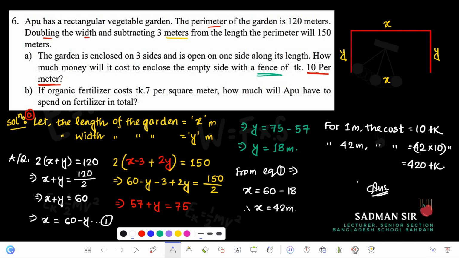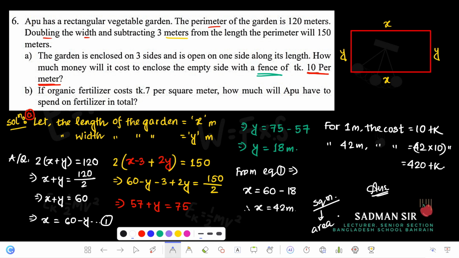I hope it is clear. And then we are going to take a look at problem number B. Okay. So problem B says that the organic fertilizer costs taka 7 per square meter. You need to remember that whenever they say square meter, SQM in short, it is referring to the area.